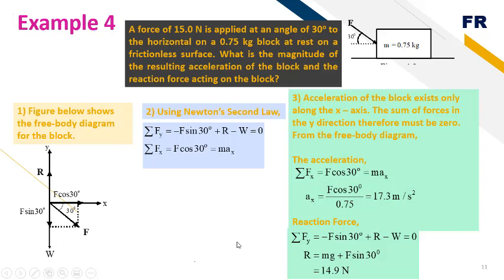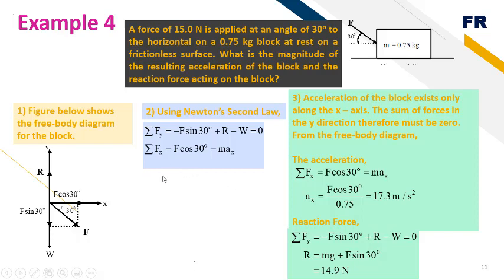Example 4. A force of 50 Newton is applied at an angle of 30 degrees to the horizontal on a 0.75 kg block at rest on a frictionless surface. What is the magnitude of the resulting acceleration of the block and the reaction force acting on the block?